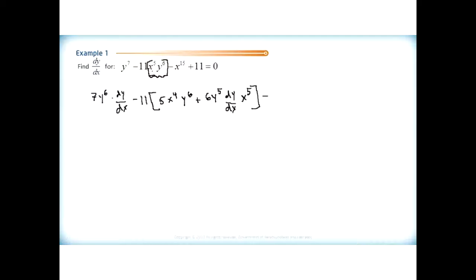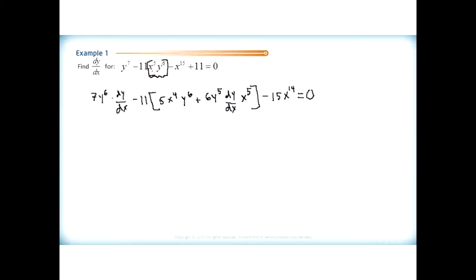The derivative of x to the power of 15 will be 15x to the power of 14, and I don't need to multiply by anything there because x is not a function unto itself. It's just the one variable with respect to which we are taking the derivative here. And that's going to be equal to, the derivative of 11 is 0, so I'll throw that out, and there's just a 0 on the other side.